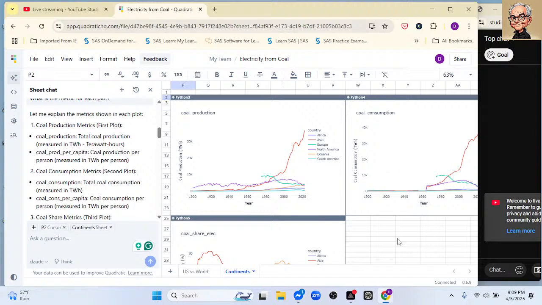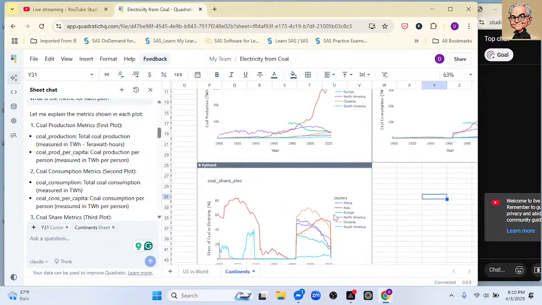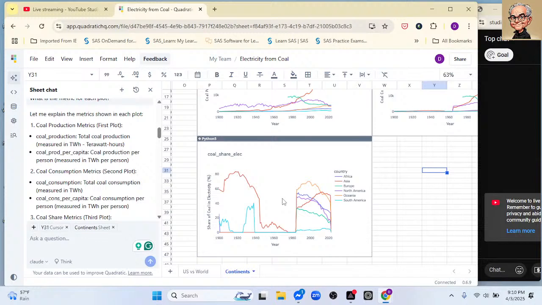And coal consumption, right? The rest of the world saw a decrease. Coal share electricity. So apparently, most of Asia's coal is not being used to produce electricity.